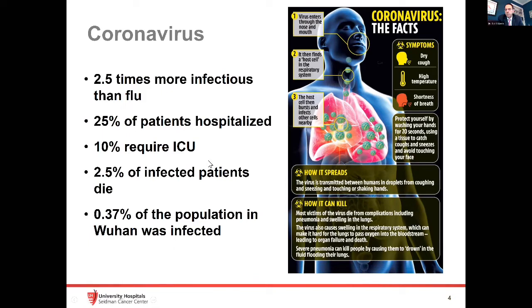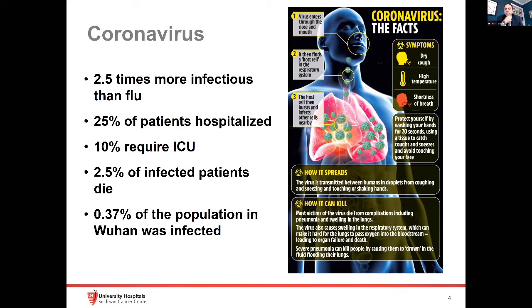About 10% of patients who are hospitalized end up requiring the intensive care unit. And unfortunately, about 2.5% of infected patients can succumb to their disease. When you look at all of the over 1 million patients who've been infected now, there is a mortality rate of around 2.5% for this infection.